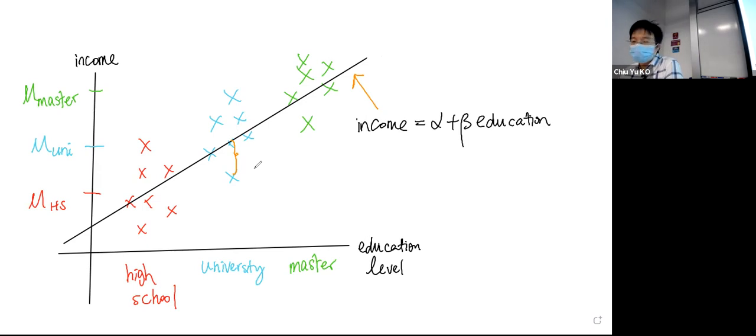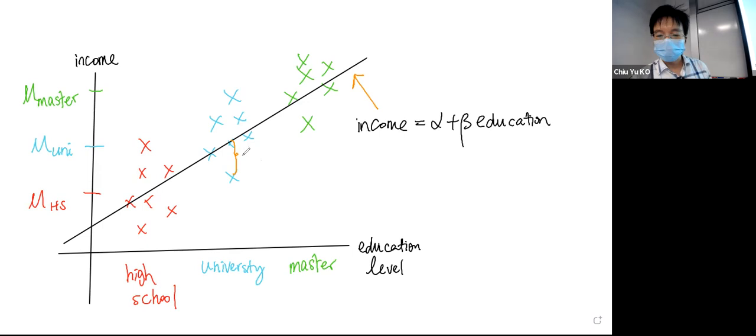So the accuracy of your model is the vertical distance rather than the horizontal or perpendicular distance, right? We use education to explain income. And we want squared distance because we don't want to handle absolute values, and because the math is much easier. And that's why the least squares method tells us to minimize the vertical distance, right?